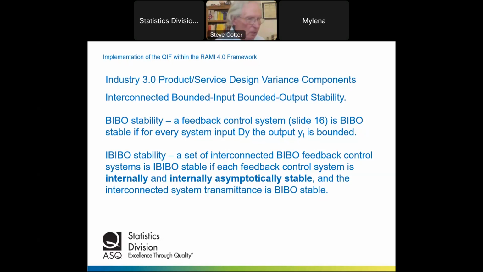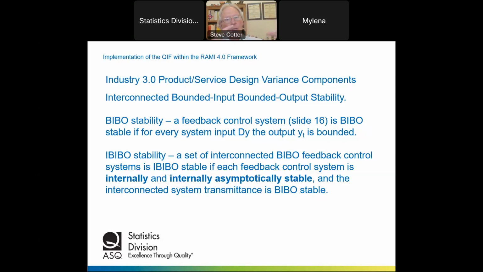Over the years, I've translated quality into variance components, because if you look at quality from random and fixed effects variance components, then a lot of the deviations or the failures in the y equals f of x transformation become apparent.